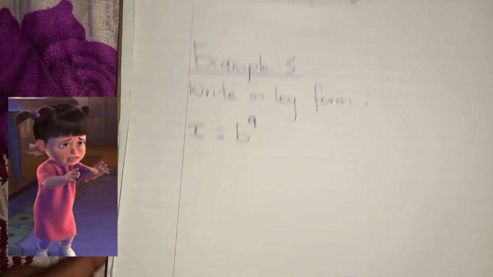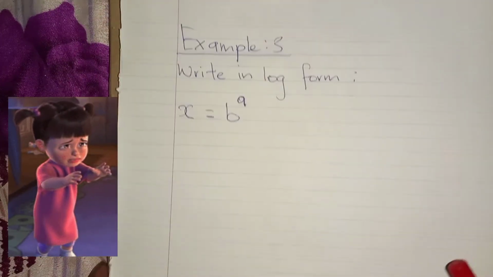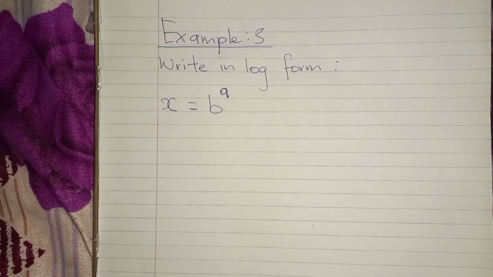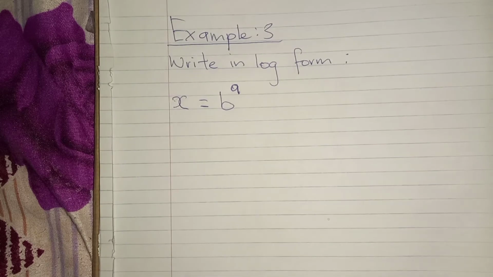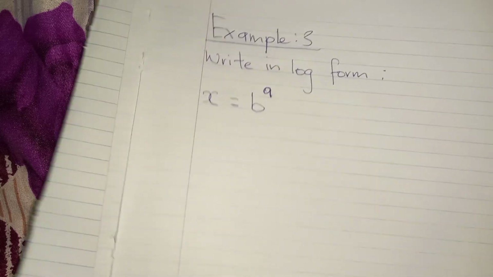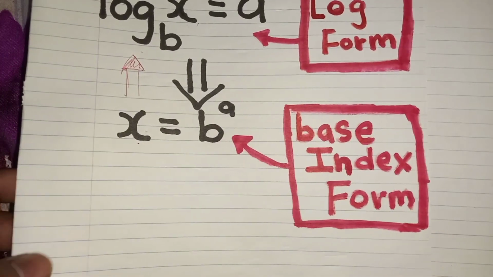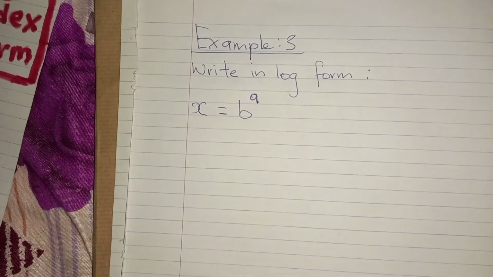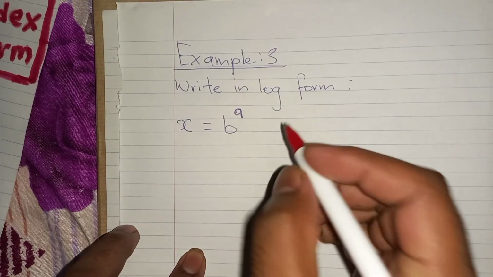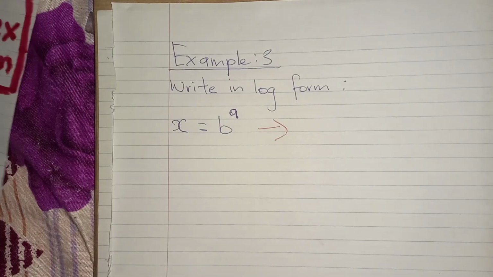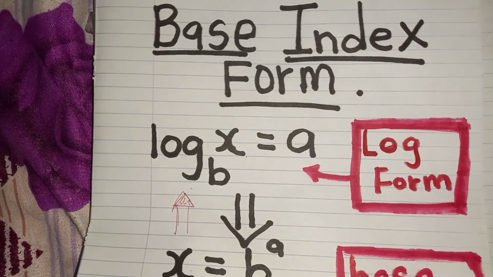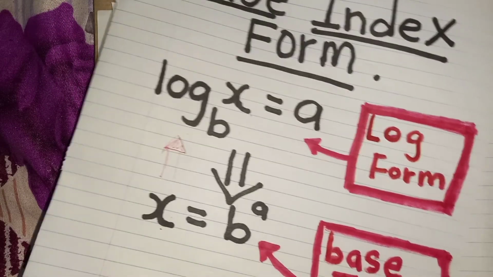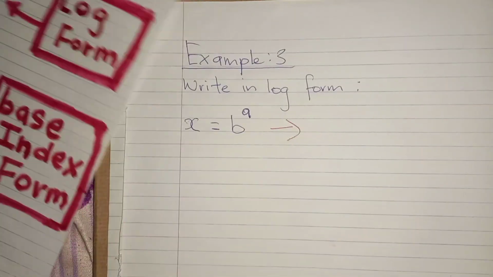Let's do another one, example number 3. Example number 3 is the general form of base index form. So here x is equal to b power a. Write this in log form. Log form should have log base b of x is equal to a.